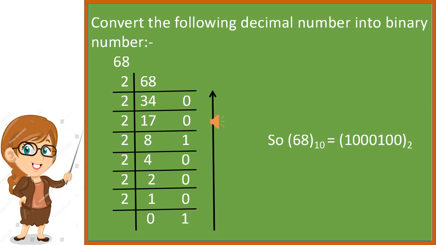And write the remainders in reverse order, means the last remainder is 1. We will write it first as 1, then 0, then 0, then 0, then 1, then again 0 and 0. So 68 in decimal will be written as 1000100 to the base 2 in binary.